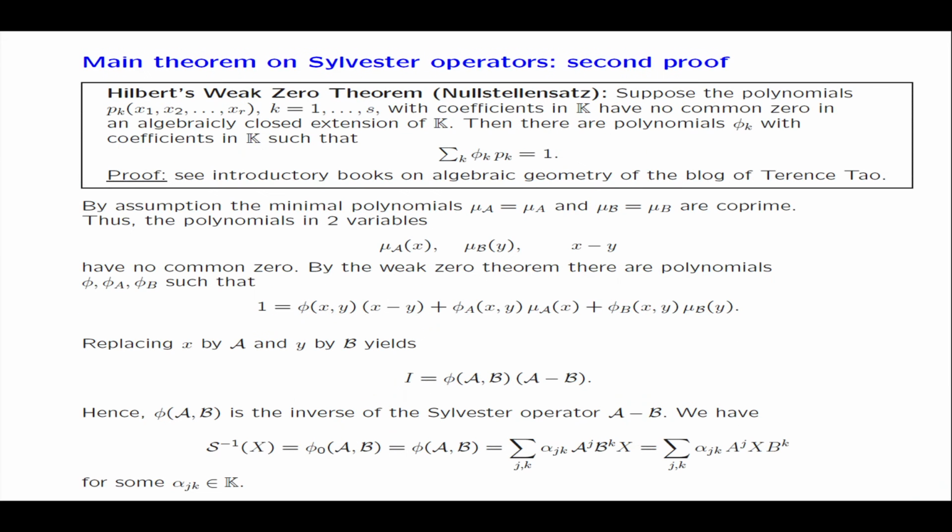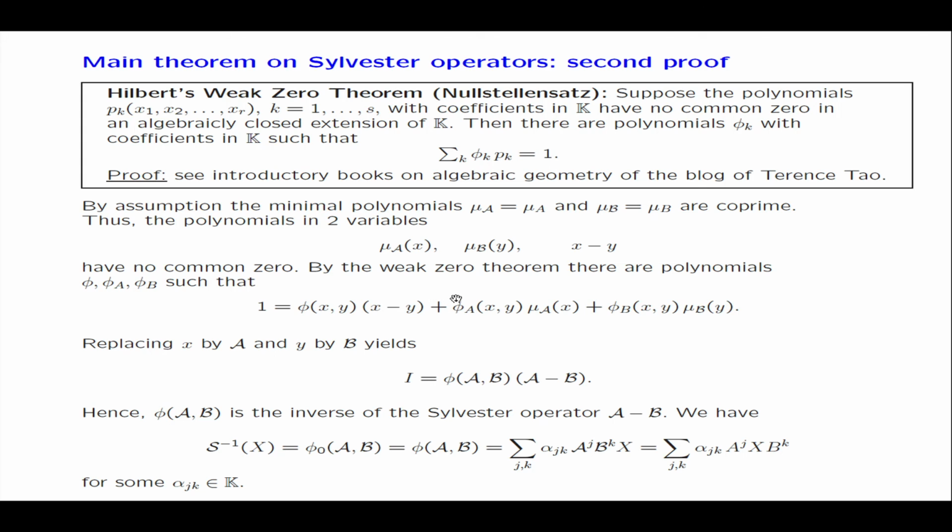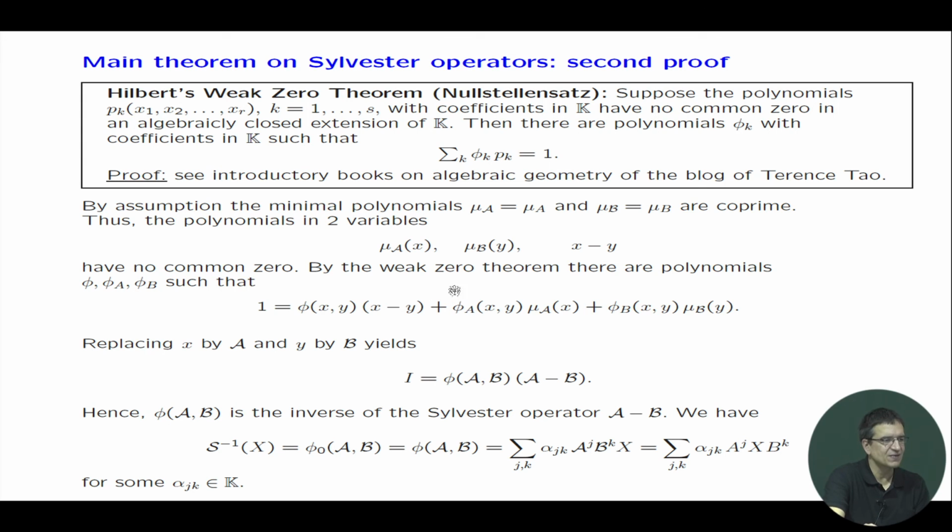Okay, you may ask, this is very advanced, the Hilbert zero theorem. If somebody is familiar with this kind of reasoning, this is the easiest way to prove everything. But if you hear it the first time, you think, oh, this is very abstract, and I don't really believe in this.